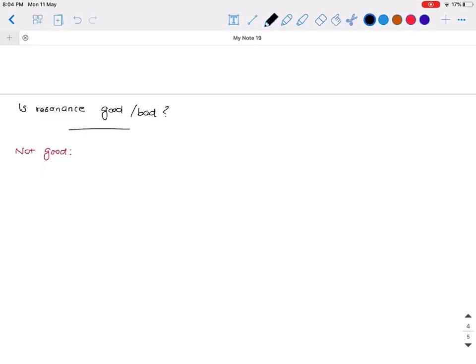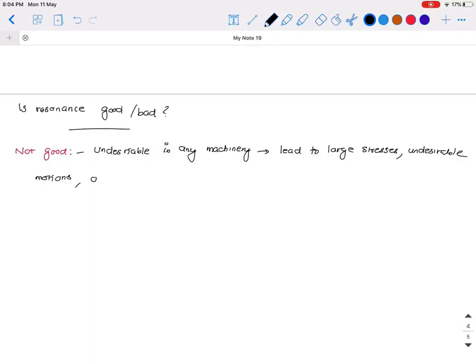For example, they are undesirable in any machinery, because they lead to large stresses in the structure, and it also leads to undesirable motions, and even unpleasant sounds.